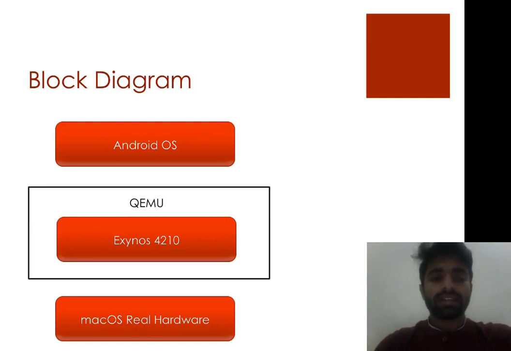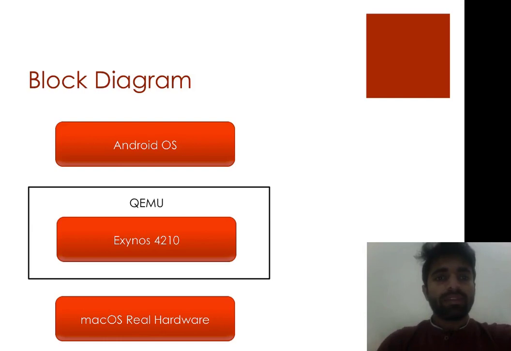It will get the machine code from Android, convert it, and communicate back with the Mac operating system's real hardware, because here we are emulating it on the processor built into the Mac machine.